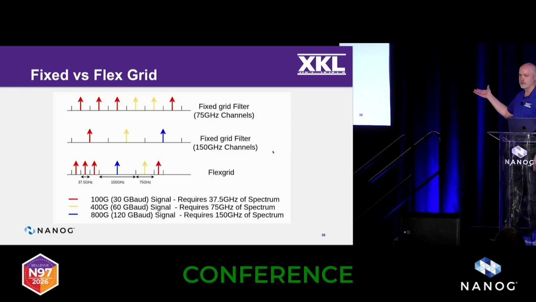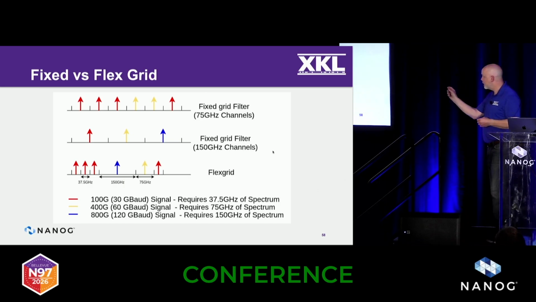The flex grid is what you get with the ROADM, with the WSS. You're able to adjust the size of the channels, thereby making a more efficient use of the fiber. You can put more channels on because I can use the exact amount of bandwidth I need for the different signals. So for example, the red signals running at 30 gigabaud require 37.5 gigahertz of spectrum.